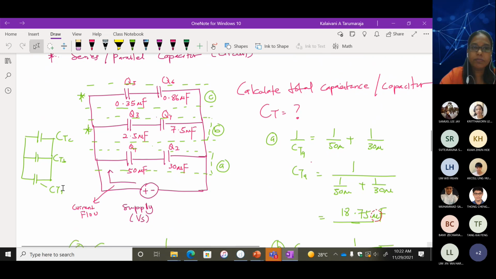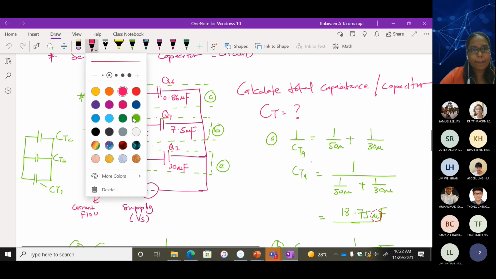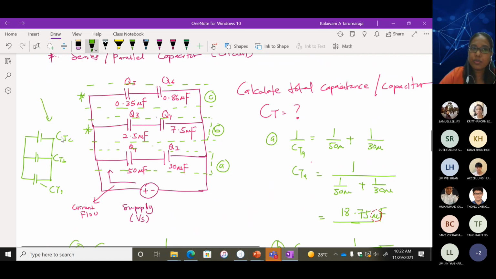You can see you have a capacitance, which means you already did the simplification for A, B, and C. When you look at this view, I just put it as CTC, CTB and CT1, meaning the total of each part. Once you read your circuit diagram, you can see the way they are arranged is in parallel form.